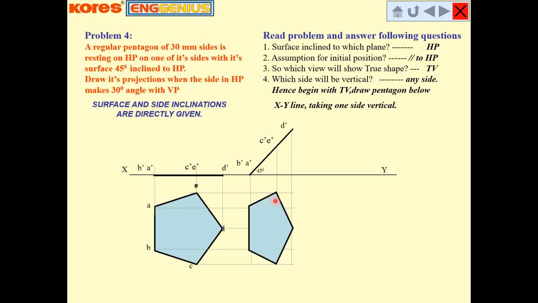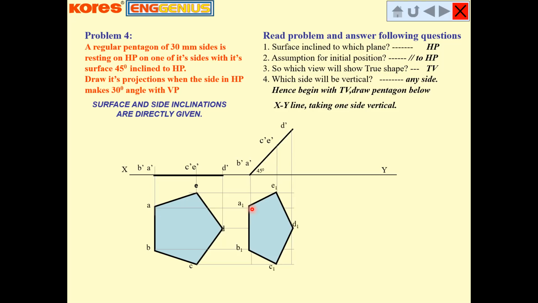So here we need to find the adjacent points, like a vertical projection coming from A dash and A. Wherever they two intersect each other, this will be our point A. Similarly, a vertical projection from B dash and B. Wherever they intersect, it will be the new position for the point B. Similarly, C, D, and E.